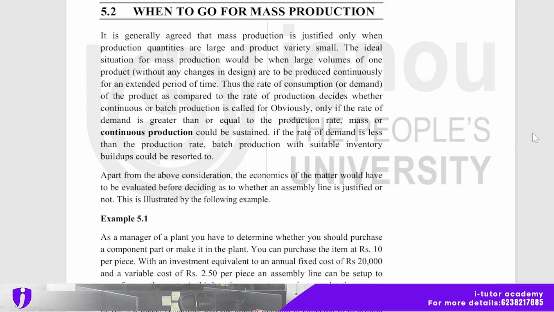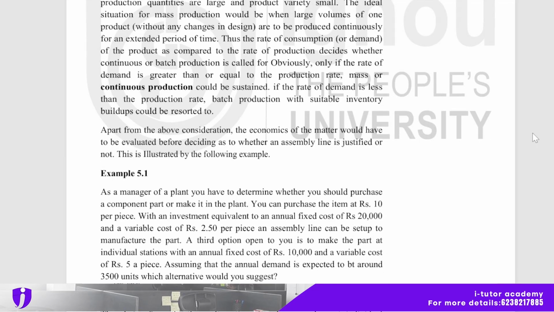The ideal situation for mass production would be when a large volume of one product, that is without any changes in design, is to be produced continuously for an extended period of time. Thus the rate of consumption or demand of the product, as compared to the rate of production, decides whether continuous or batch production is called for. Obviously, only if the rate of demand is greater than or equal to the production rate, mass or continuous production could be sustained.